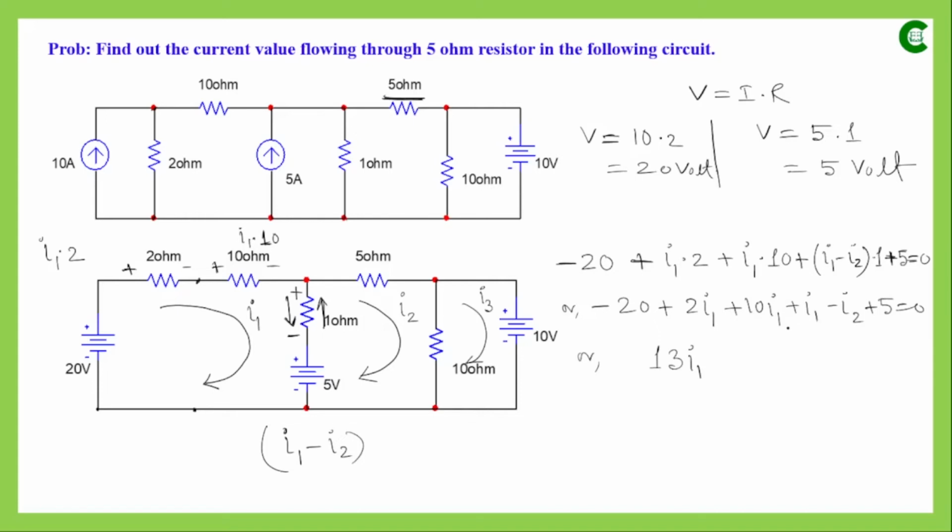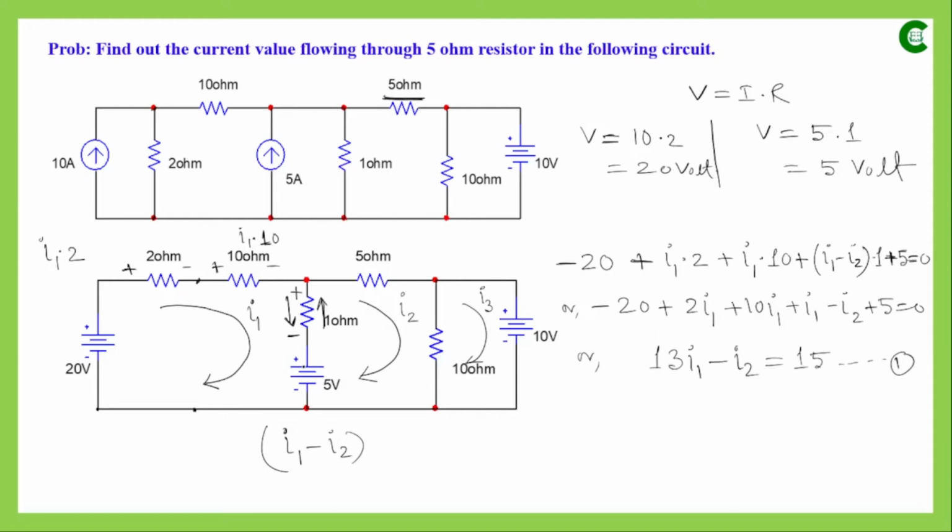Then for I2 there is only a single I2, so 13 I1 minus I2, and then minus 20 plus 5, so it is minus 15. If we take that constant to the other side, it becomes plus 15. So this will be our first equation that we have developed from our first loop.